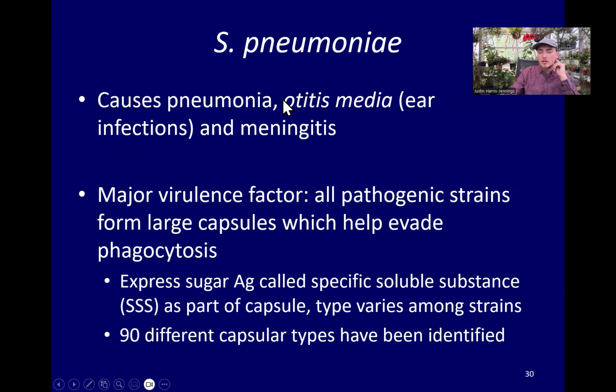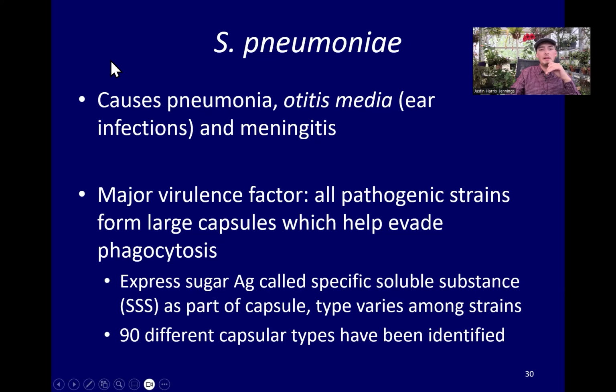And so Streptococcus pneumoniae can actually infect that tube and the inner ear and cause inner ear infections, otitis media. And it can also travel into the meninges, the membranes that surround the brain and spinal cord, and infect those as well.